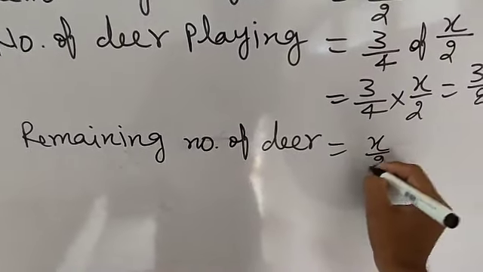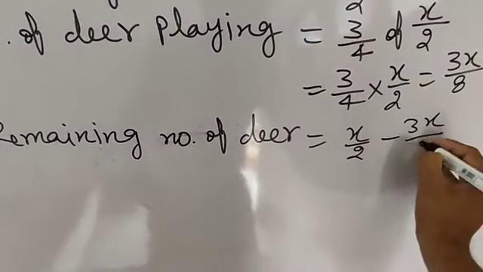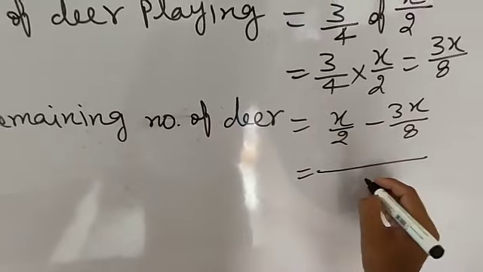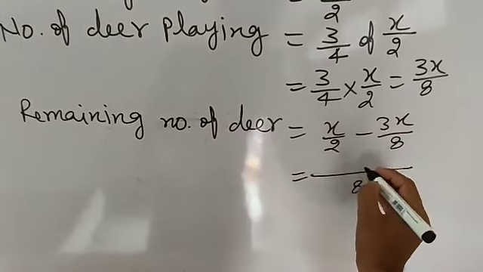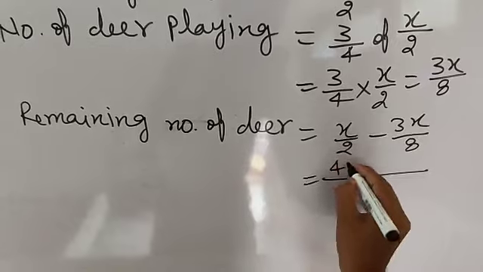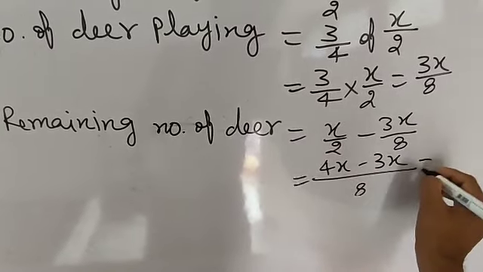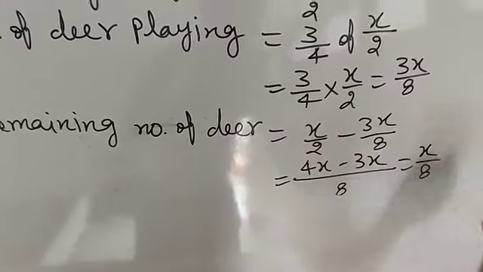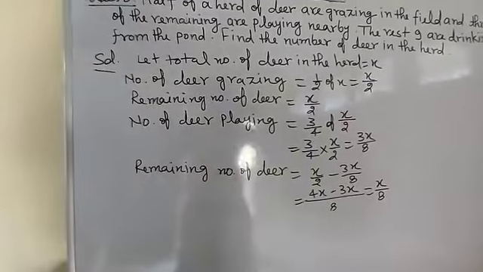That will be x by 2 minus 3x by 8. The LCM will be 8, so it is 4x minus 3x over 8, which is equal to x by 8. So now x by 8 are remaining.